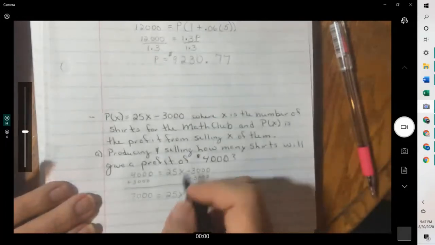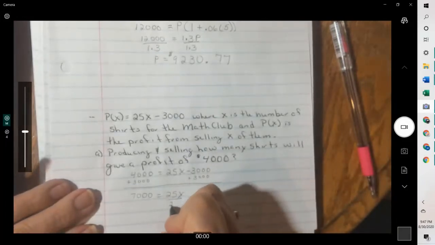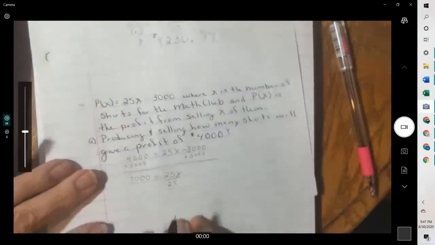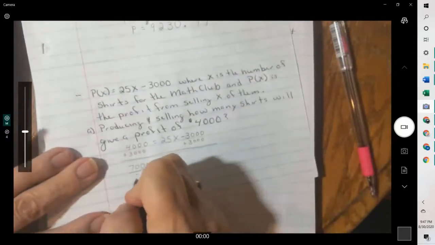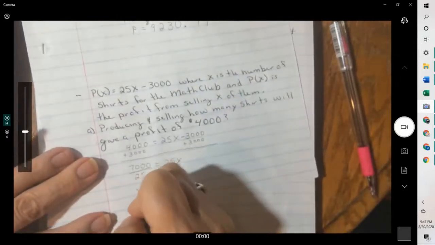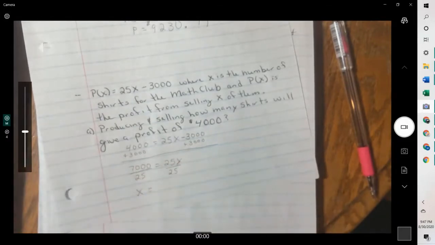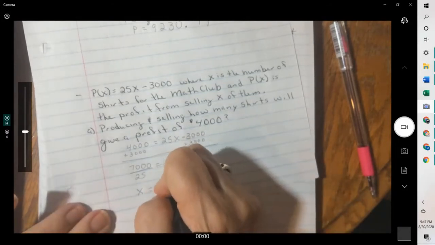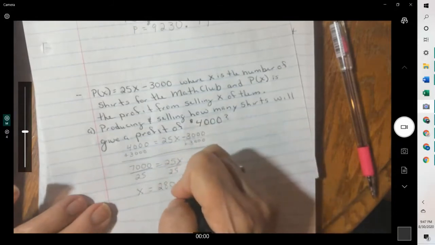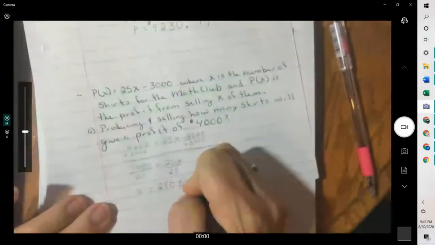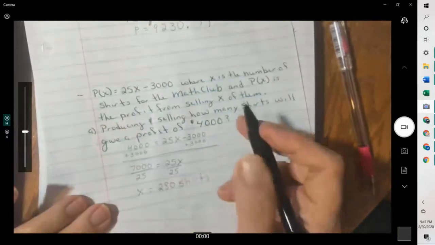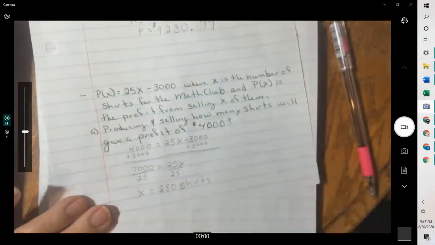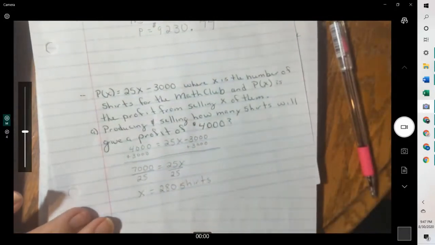Since this is multiplied, we need to divide. And so we get x equals 280. So we need to sell 280 shirts. And we will make a profit of $4,000.